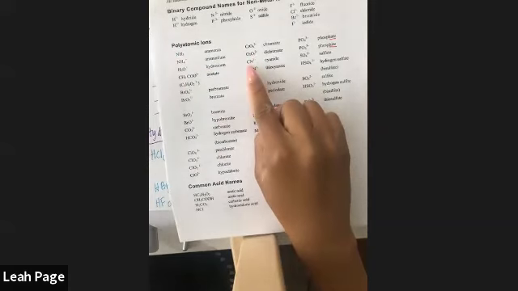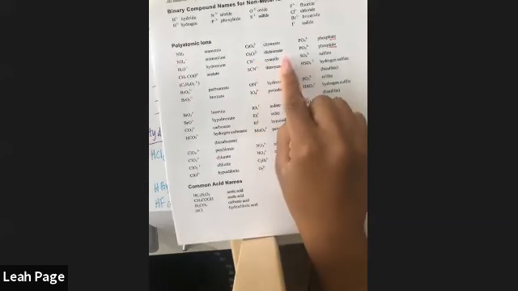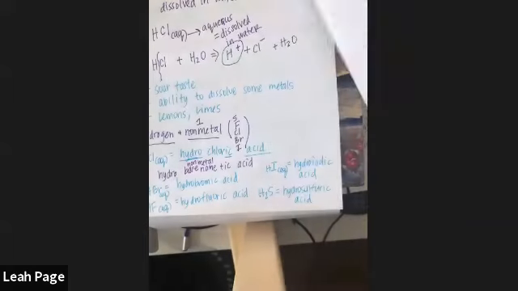The only one that's really going to come up is HCN, and HCN is going to give us cyanic acid. So that IDE is still going to change to IC, but I'm not going to make you know that about cyanic acid. Does that make sense? Okay. Any other questions?